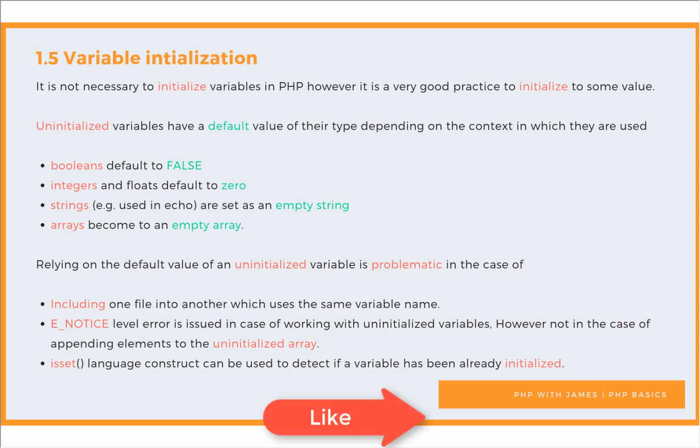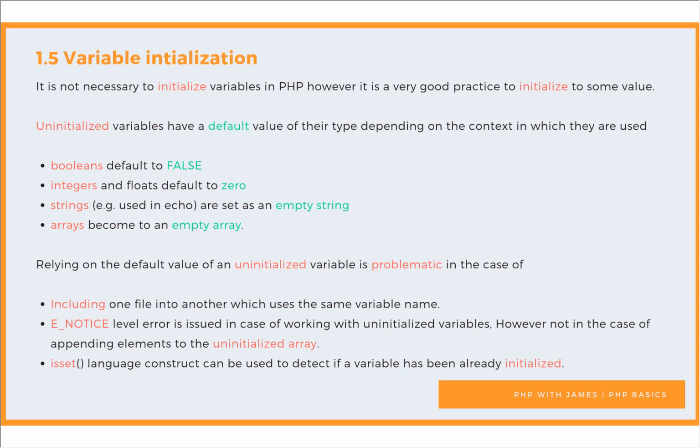Relying on the default value of an uninitialized variable is problematic in cases like including one file into another which uses the same variable name. An E_NOTICE level error is issued in the case of working with uninitialized variables. However, not in the case of appending elements to an uninitialized array.